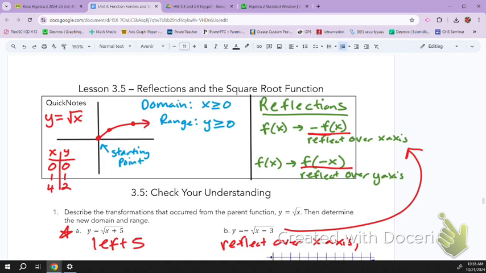Anything else happening? Oh, you can't see that. Right 3, good. Sorry, forgot that things on the screen. So we're going to reflect over the x-axis, and then you guys said right 3.